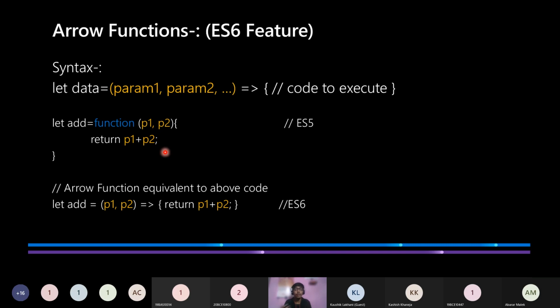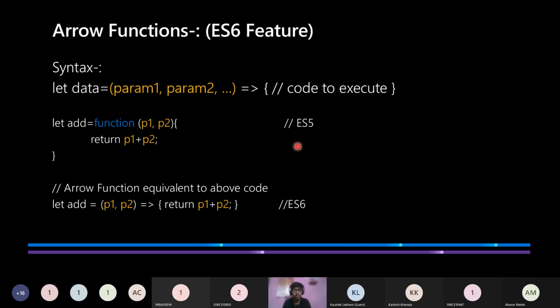So arrow functions come as a replacement for that. The syntax for the arrow functions and a typical ES5 function can be seen here. Both of them do the same tasks, right?